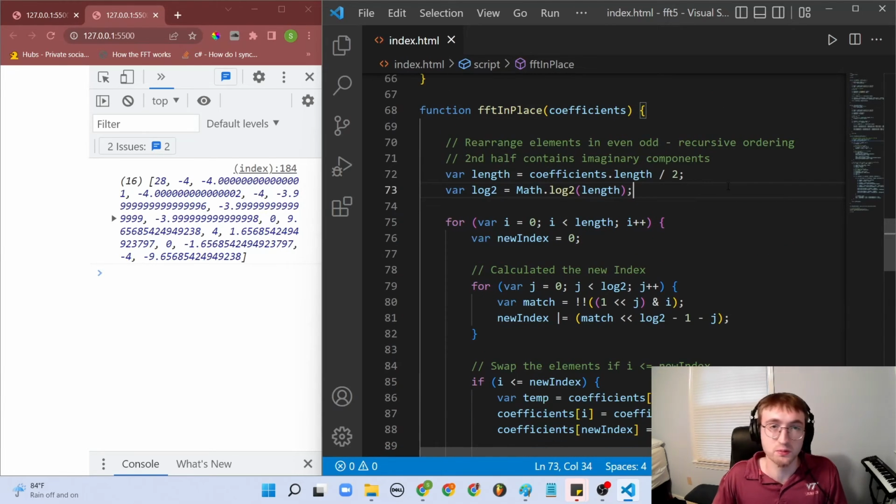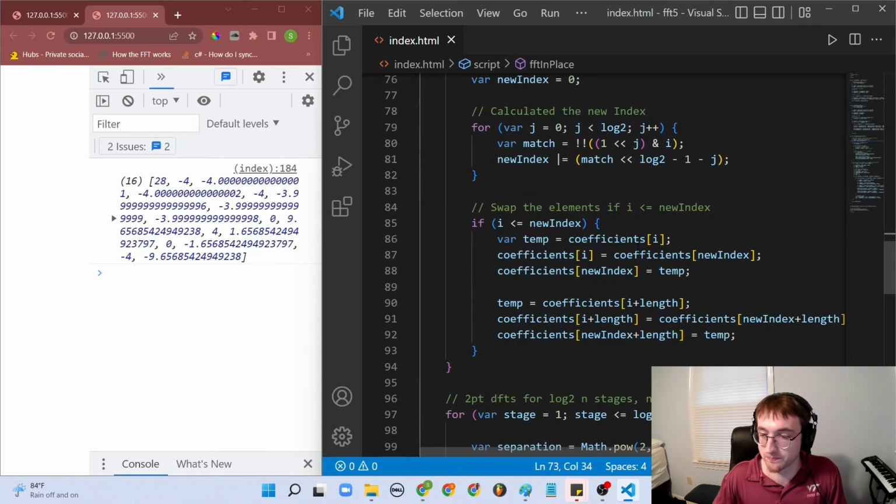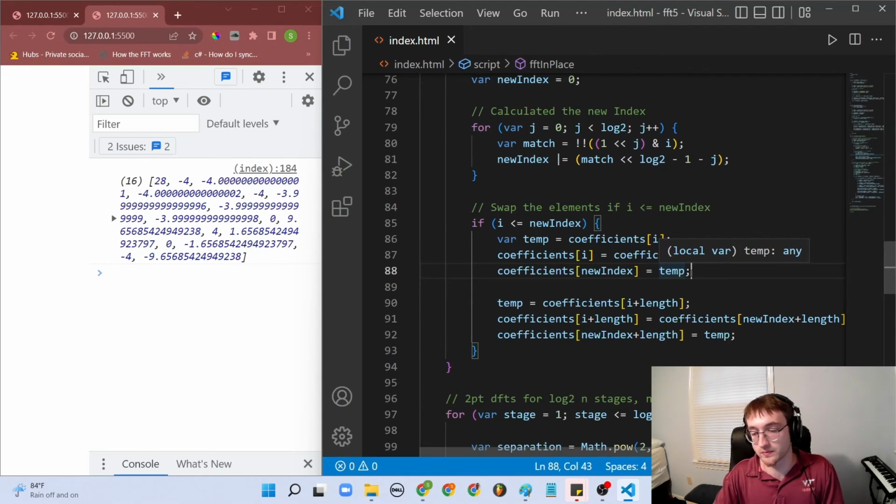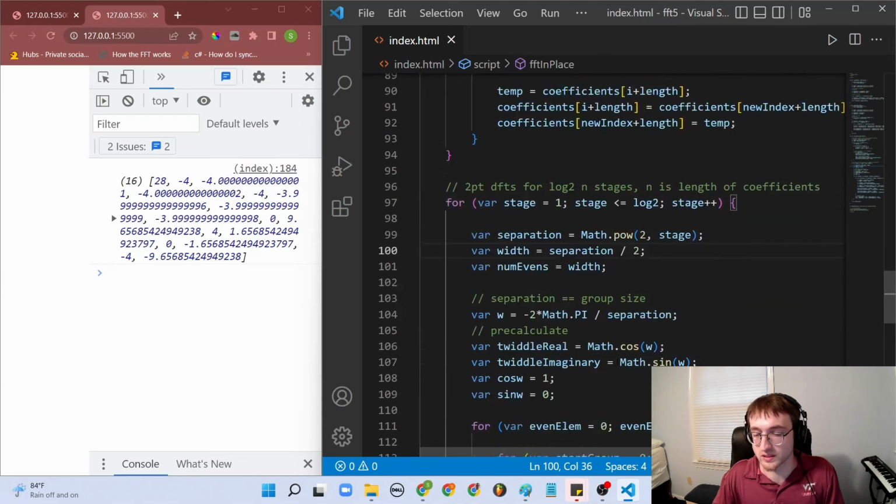I would time it for you, but in JavaScript the timing is off just because of how it's working with the web server, because I'm hosting this with some VS Code plugin, but also JavaScript itself is not super quick, and also the web browser makes it slow sometimes. So I don't know. Anyway, yeah, this is a pretty well optimized in-place FFT algorithm. I don't know if it's production level, but it's probably pretty close.